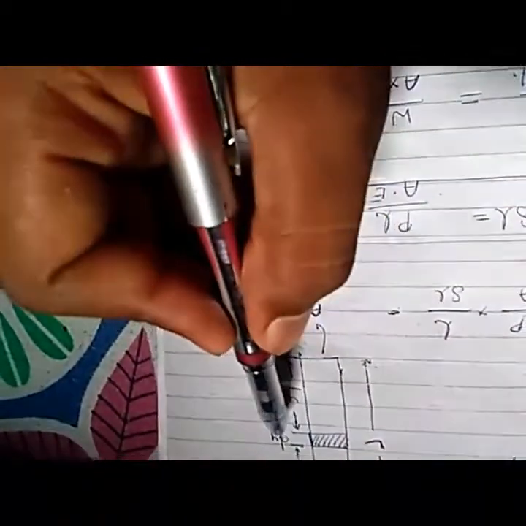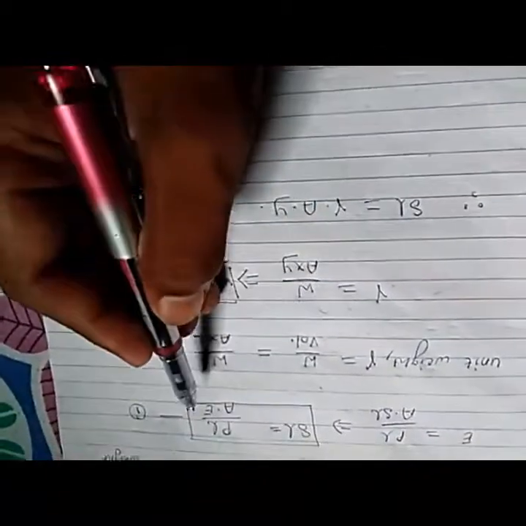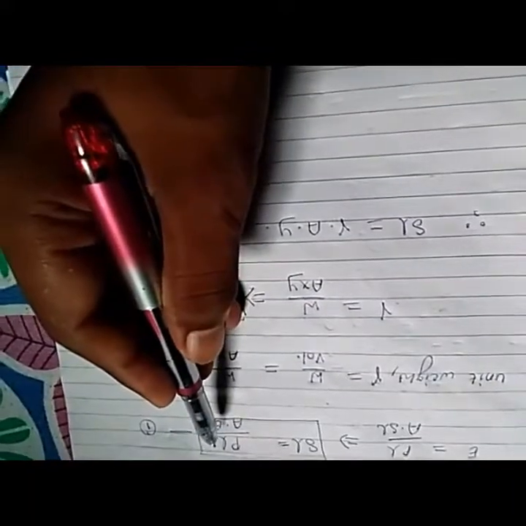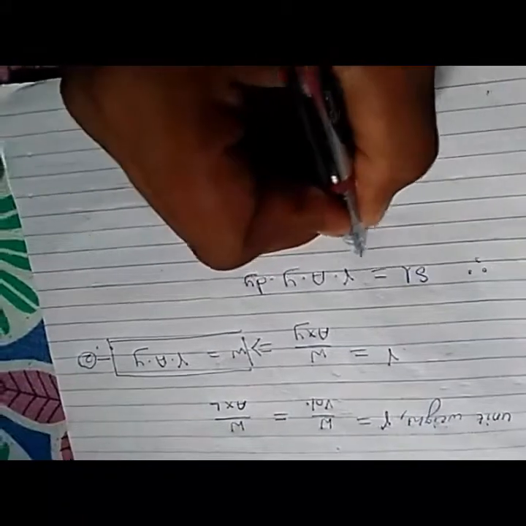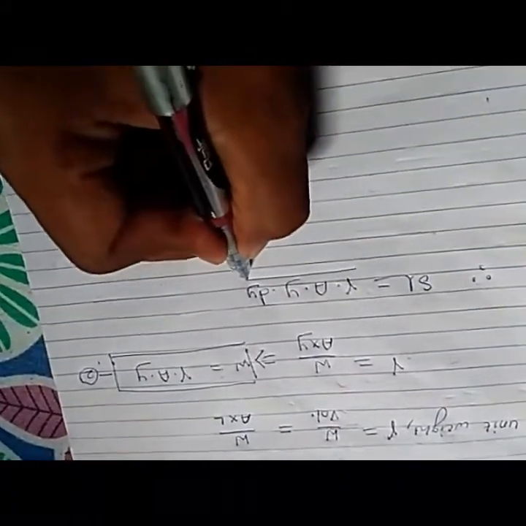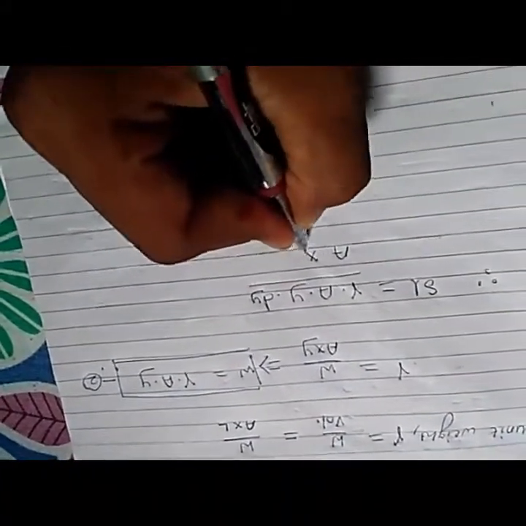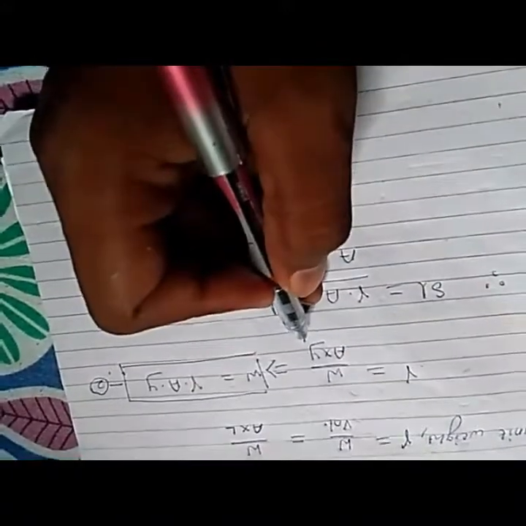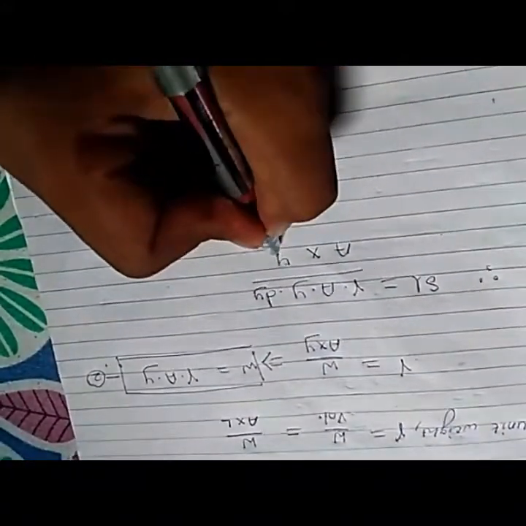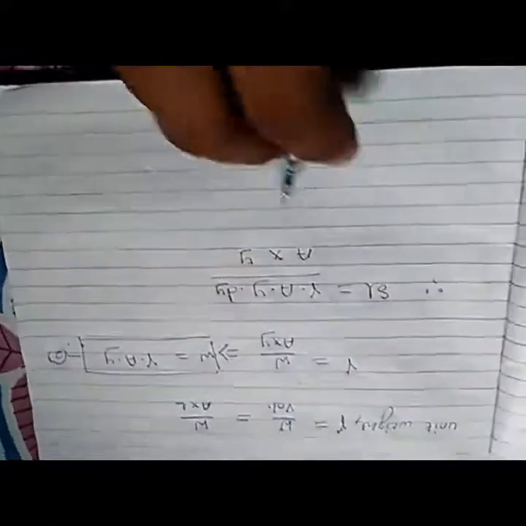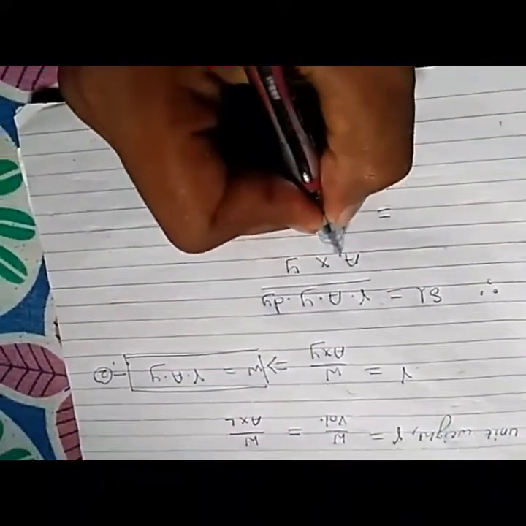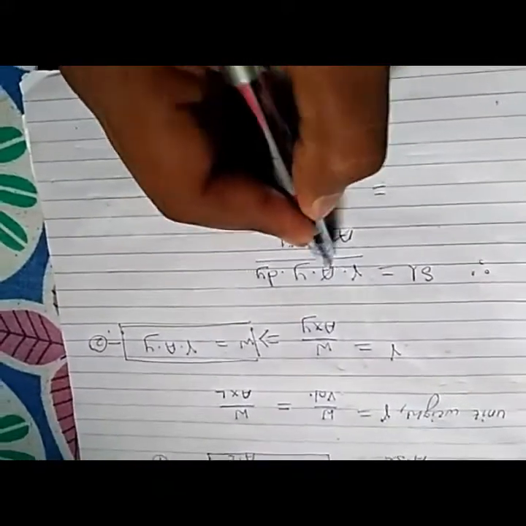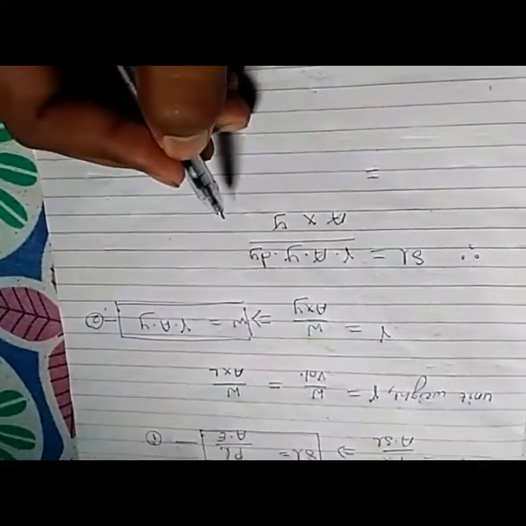Hence the length of this strip is dy, so in place of L we write dy, divided by A into E.